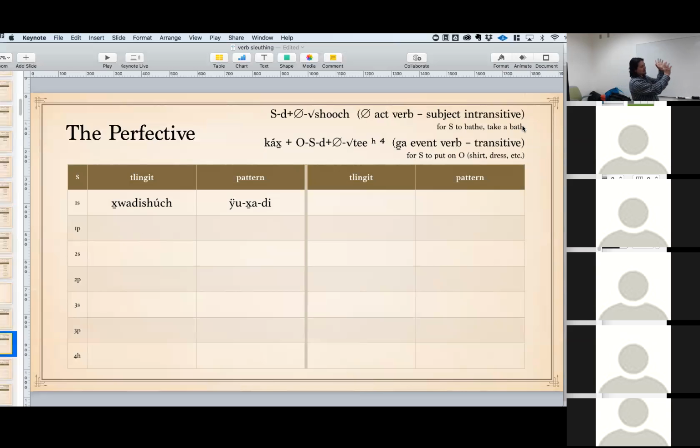And so we've got all these cool tables, but then you just gotta keep looking at these examples, and when you read that theme, now we're learning how to read that theme. And the nice thing is that the theme is there. Like when I was learning Tlingit, we didn't have any verb themes. But there's so much information packed in there that it takes a lot of these exercises to figure out how to read it.